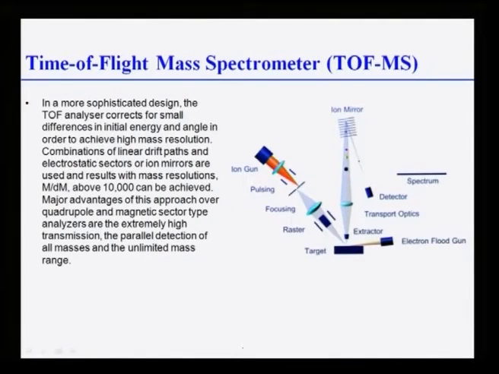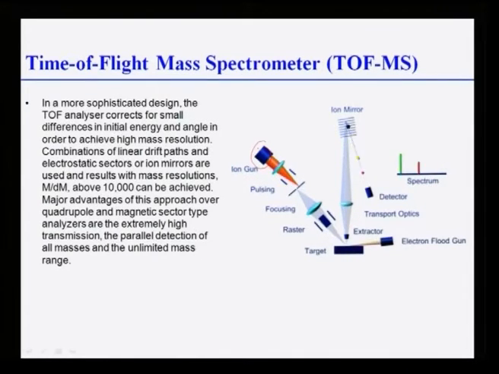Well, the last technique which I am talking about is what is known as the time of flight mass spectrometer. The schematic shows the technique. Look at it very carefully. You have an ion gun which creates or ionizes the species, and then there is a pulsing action. The ion gun can obviously pulse like a laser beam, and then you can focus this.